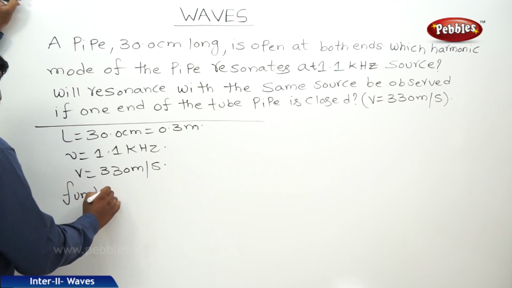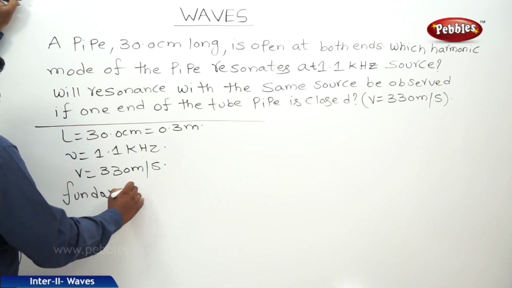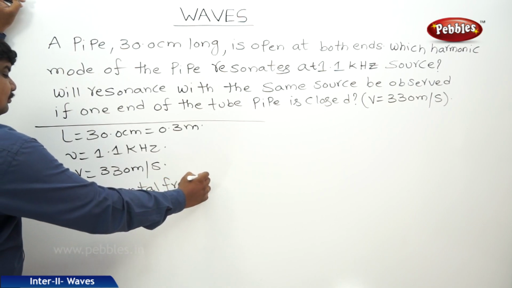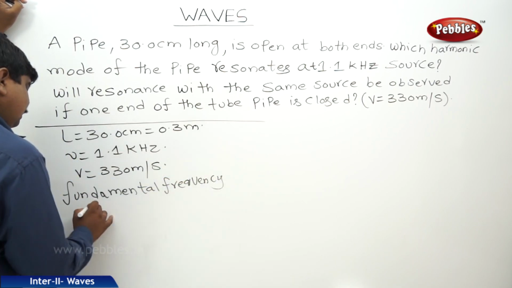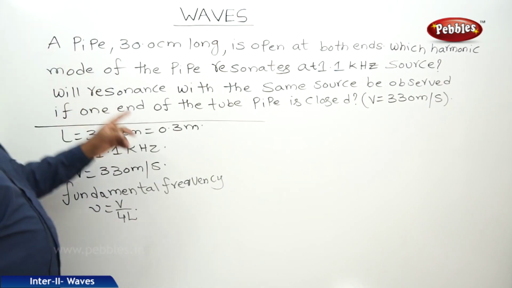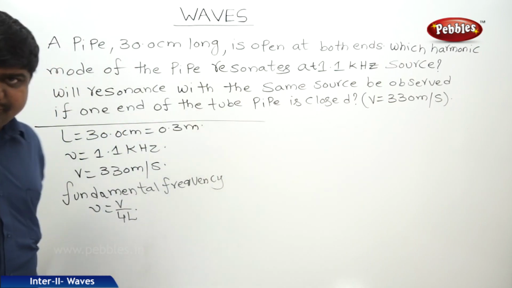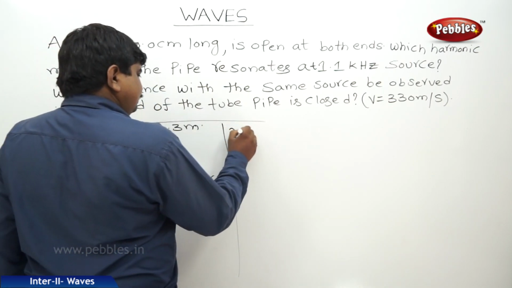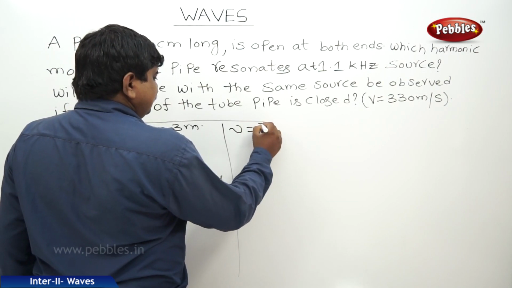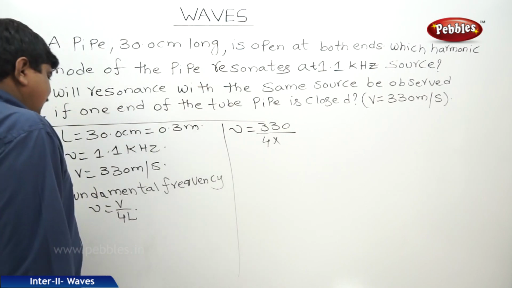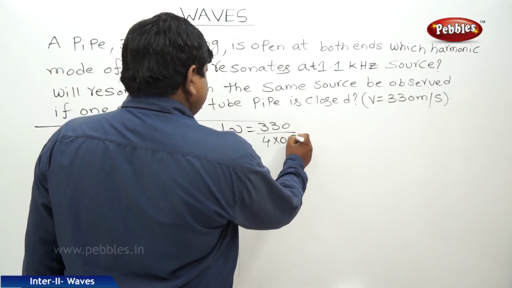Fundamental frequency ν is equal to v by 4L. Why? Because the pipe is closed at one end. So ν is equal to 330 by 4 into 0.3.